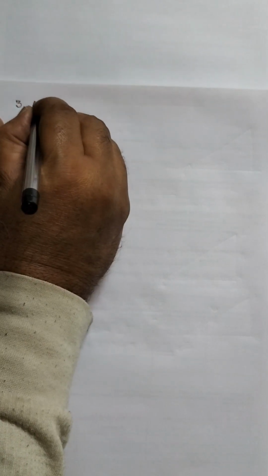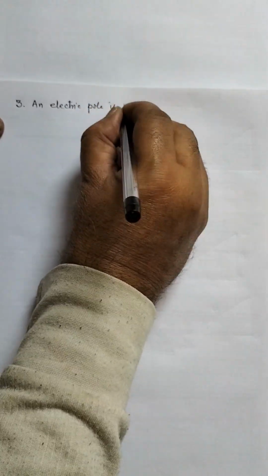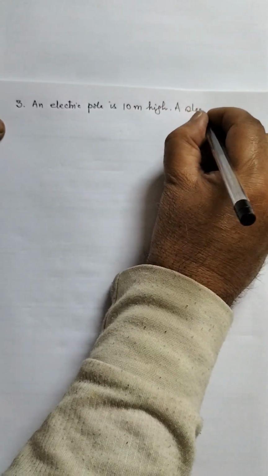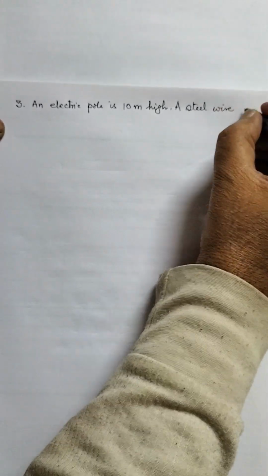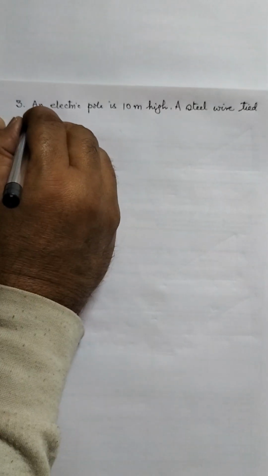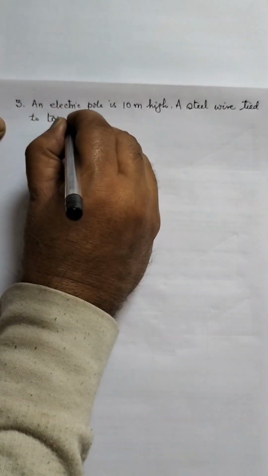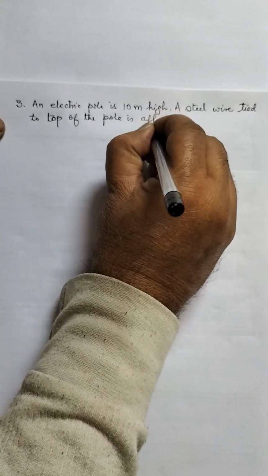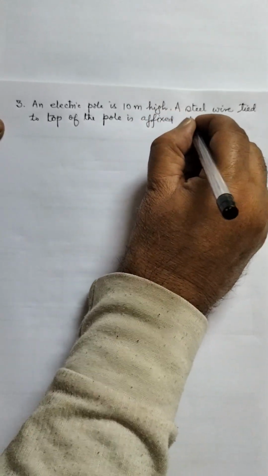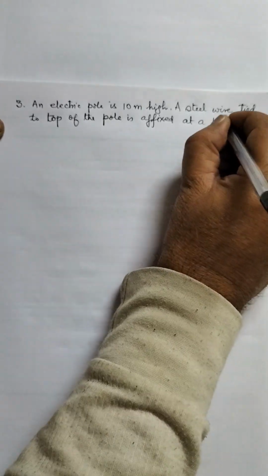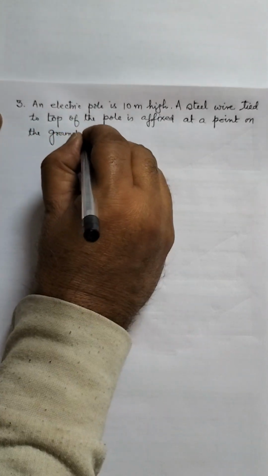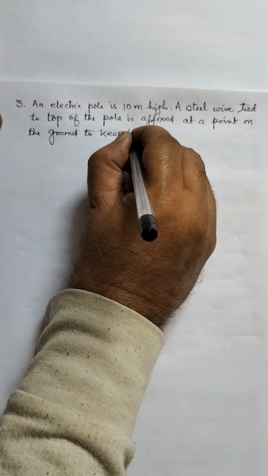An electric pole is 10-meter high. A steel wire tied to top of the pole is affixed at a point on the ground to keep the pole upright.